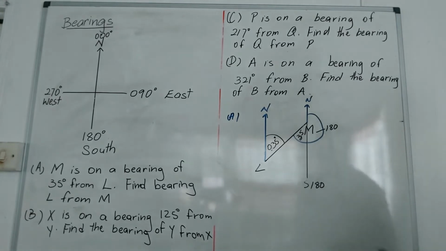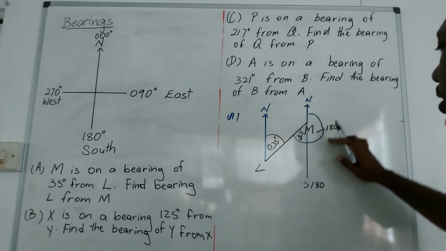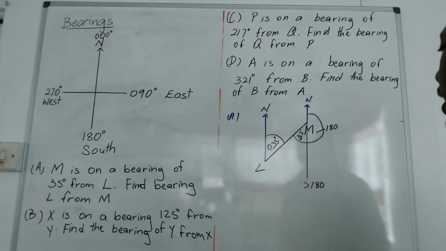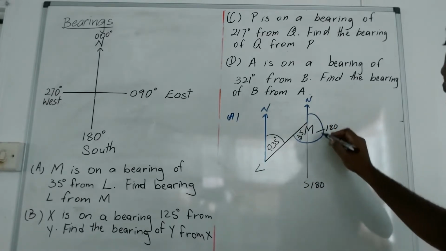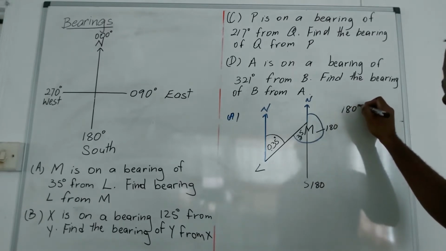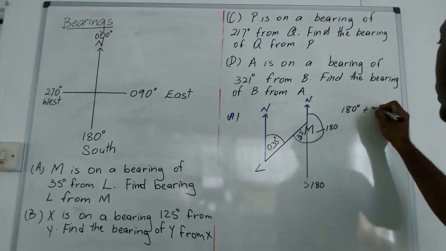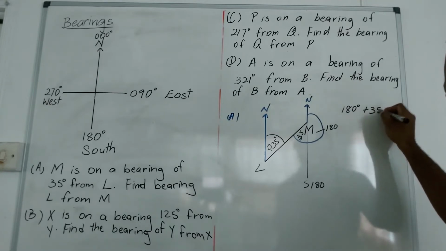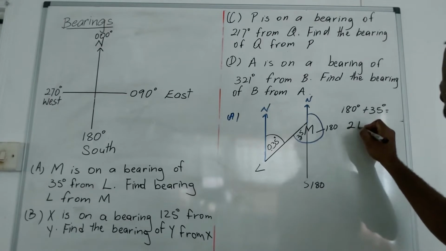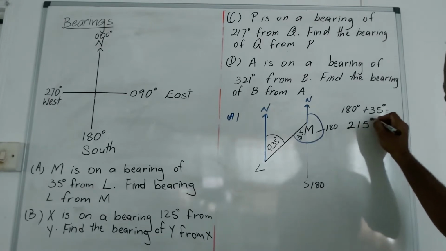Therefore, the bearing of L from the point M will be the 180 degrees that we have here plus the 35 degrees, which will give us 215 degrees.